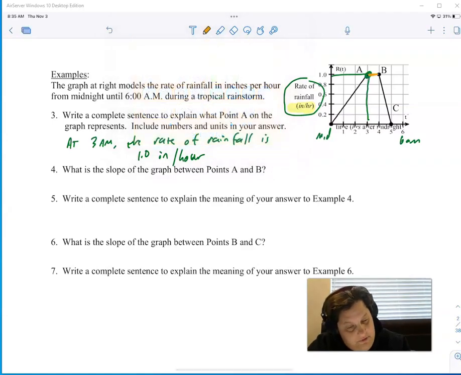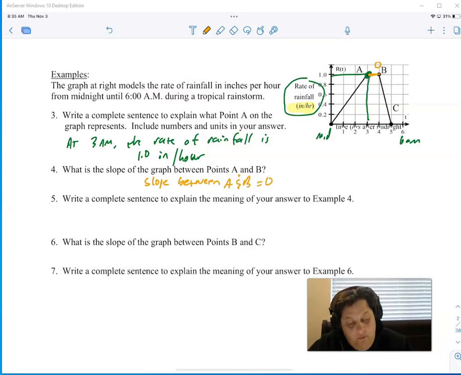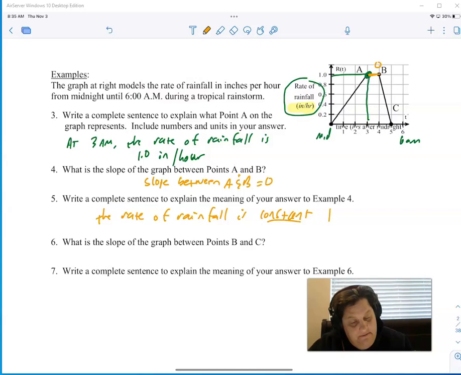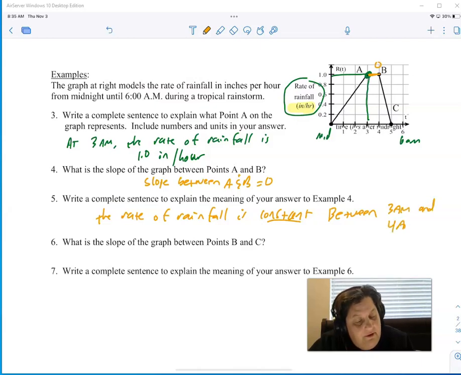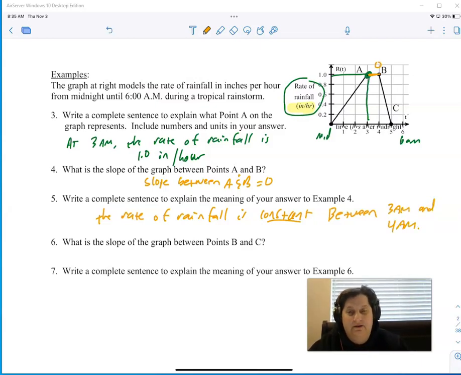This asks, what's the slope between A and B? That's 0. Write a complete sentence explaining. What this is saying is the rate of rainfall is constant between A and B, which is 3 a.m. and 4 a.m. The rate is constant.